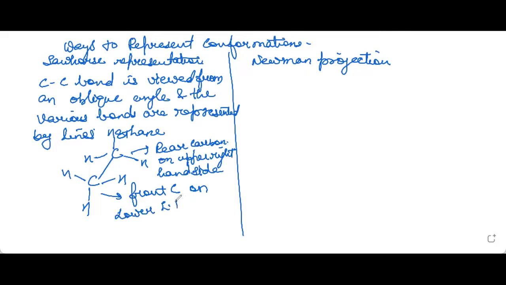Now I'm coming back to my screen so that I can explain how to visualize this carbon-carbon bond. Again, suppose these are 2 carbon atoms. We will be looking at it at an oblique angle like this. This is my right hand side, this is my left hand side.